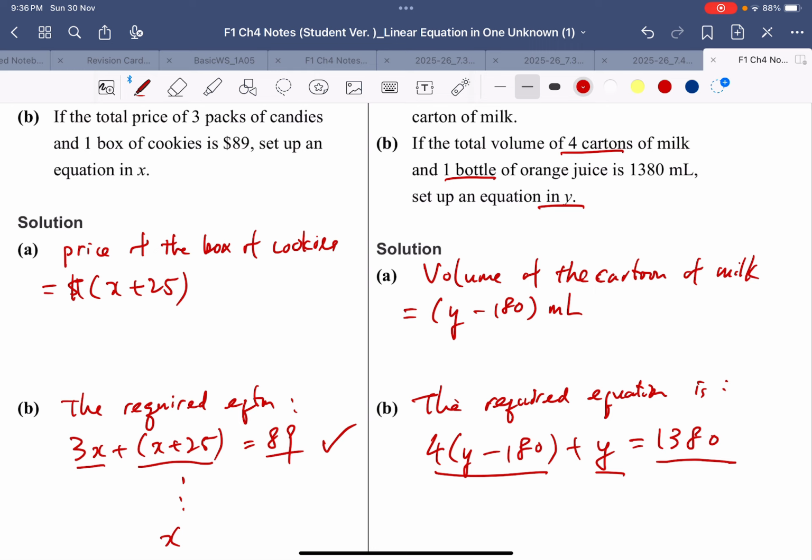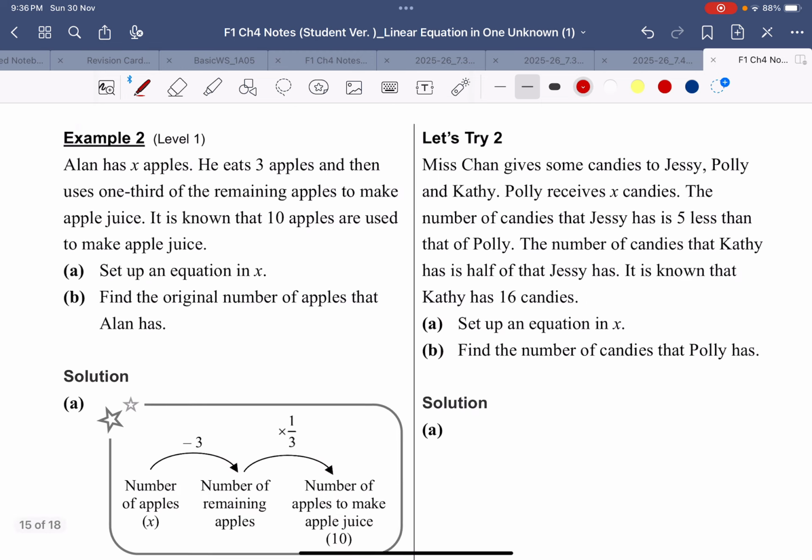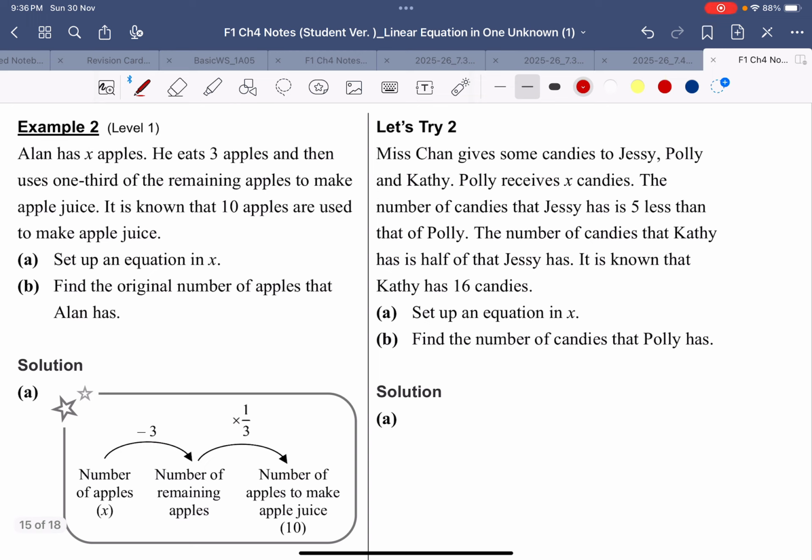So next, move on to example 2. And it involves some relationships here. So originally, Alan has x apples, eats 3 apples, so x minus 3, and then of the remaining, he used 1/3 to make some apple juice, and this is 10 apples to make the apple juice.